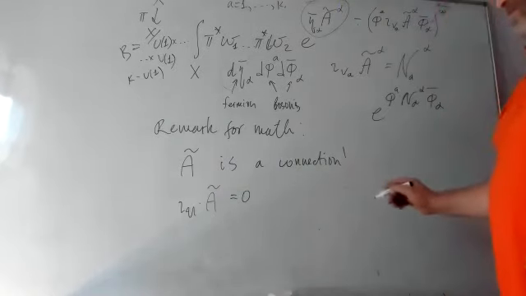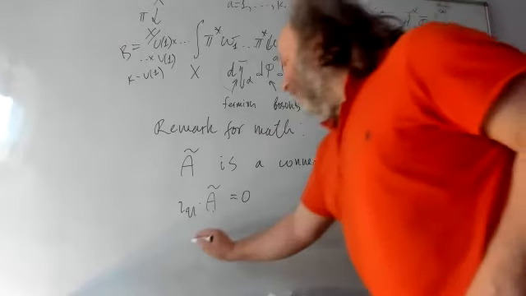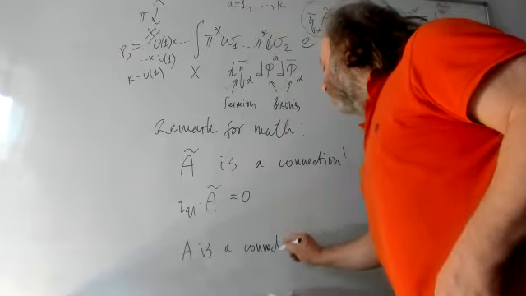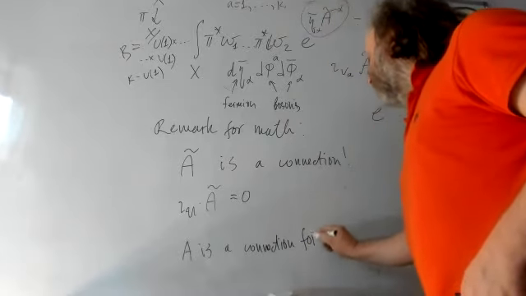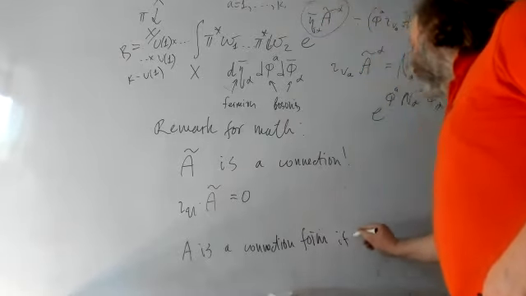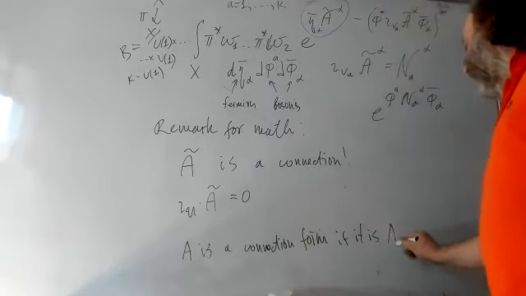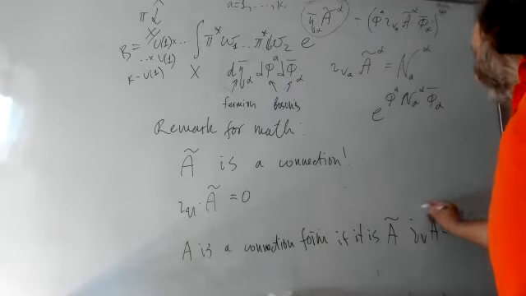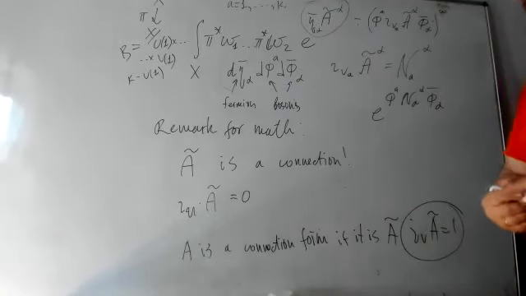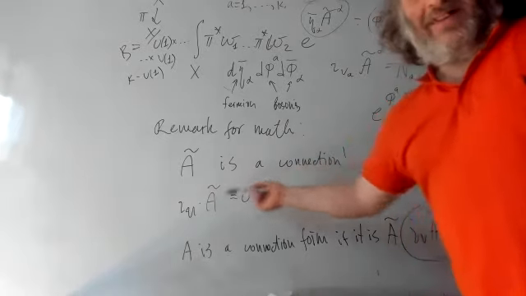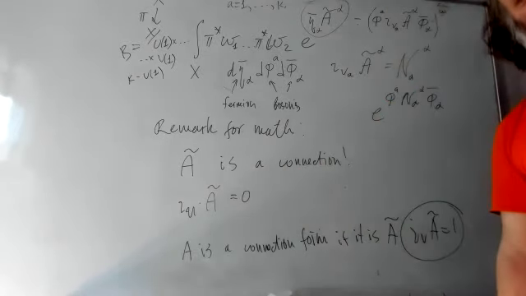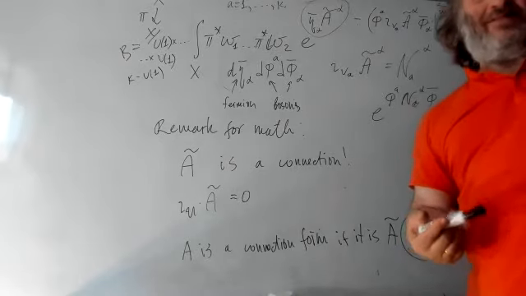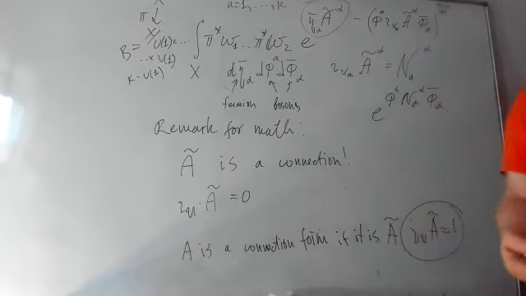This is a connection. However, there's another thing. A is a connection form if A tilde is normalized like this. Because different differential forms lead you to a connection, there is a question of how to normalize it, how to pick a standard one.